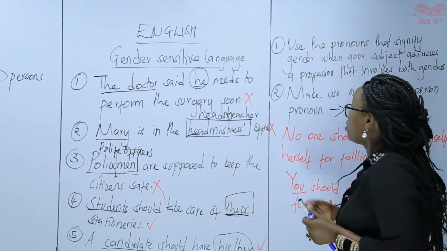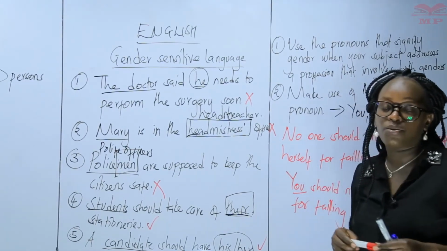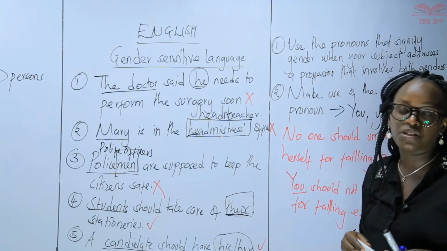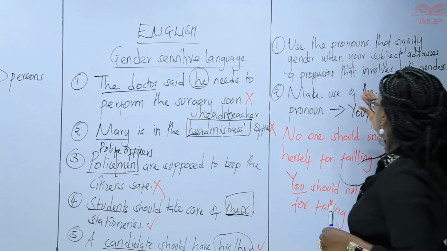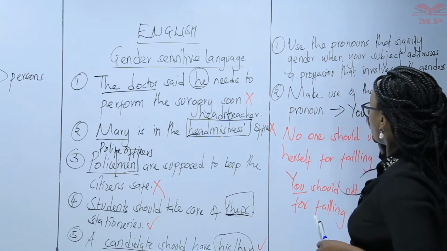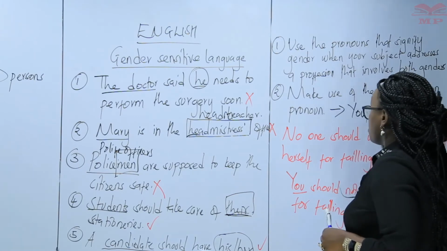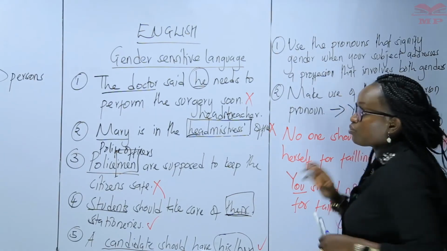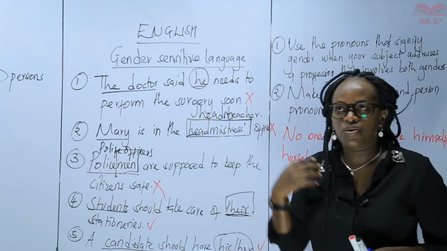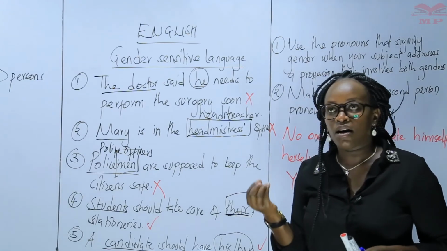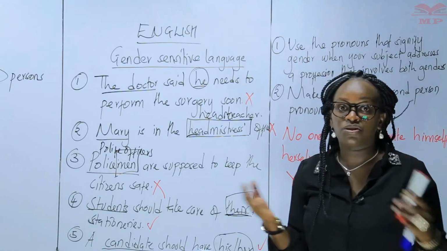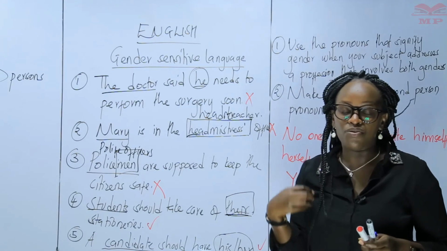I went ahead to show you the few ways that you can use to make sure that your language is gender sensitive. So 1, we talked about using the 2 pronouns when your subject is talking about a profession that has both men and women.